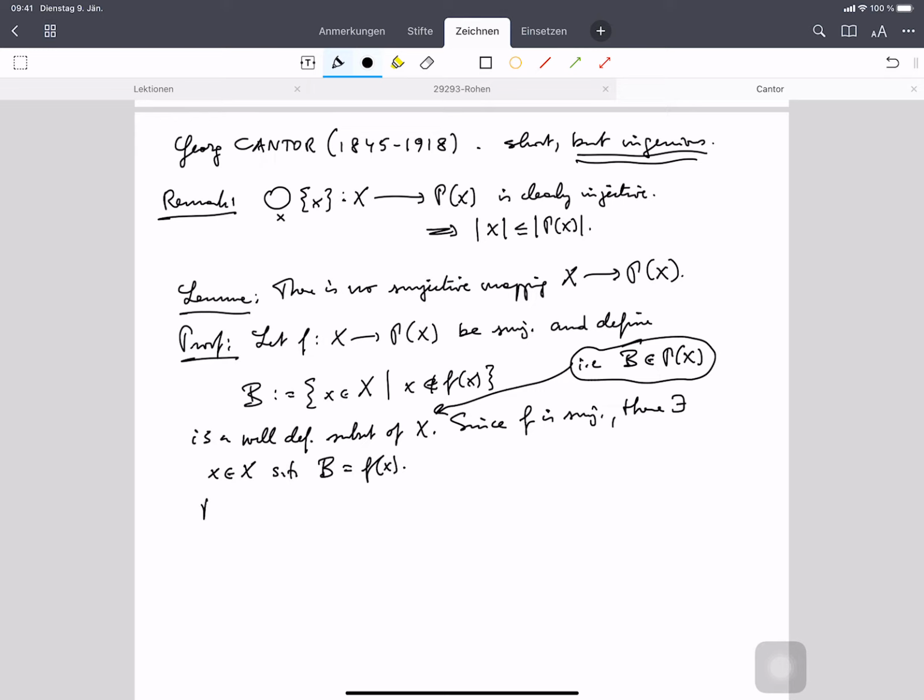There are exactly two possibilities: x in B or x not in B. Both lead to a contradiction.